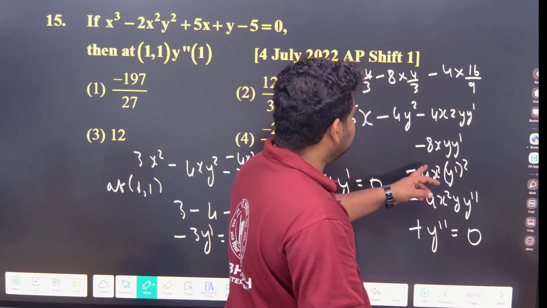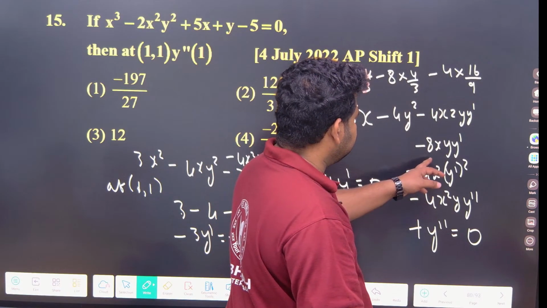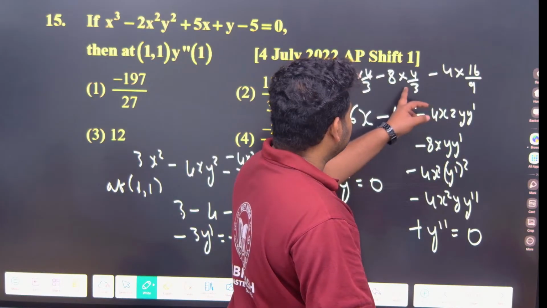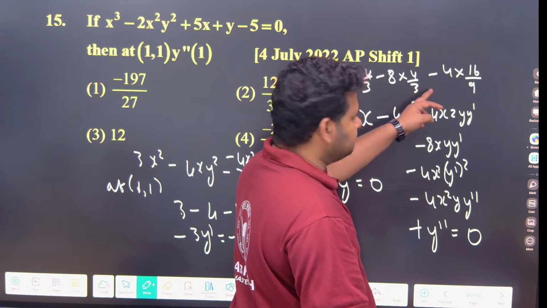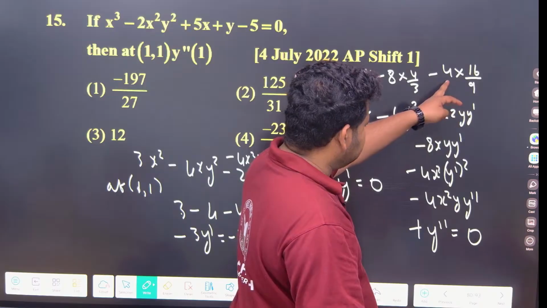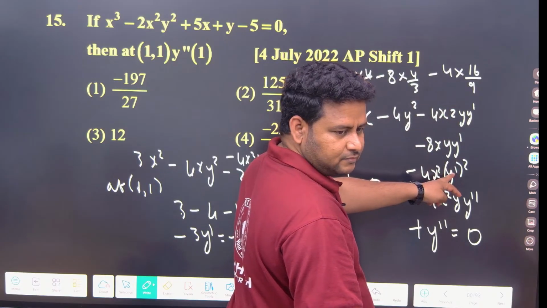Where? This one? 8 into 4 by 3. This one is y dash whole square. Any doubt?